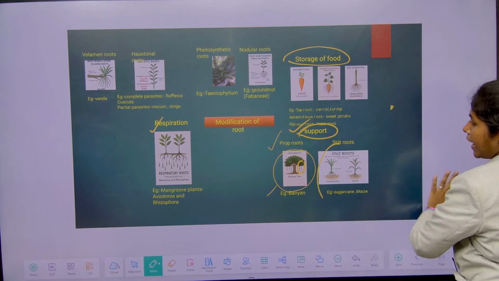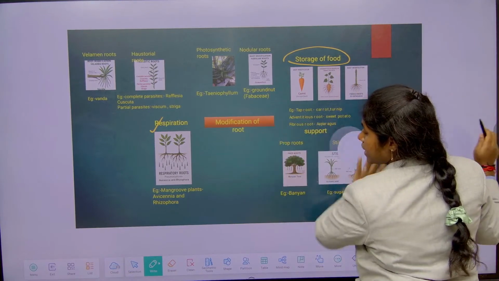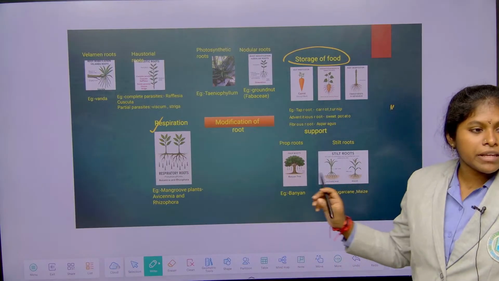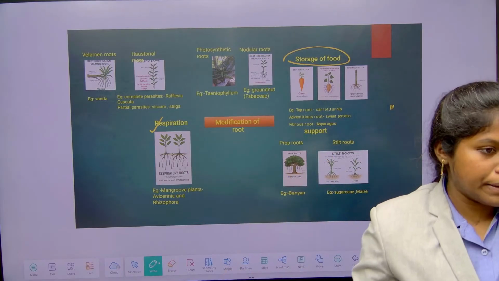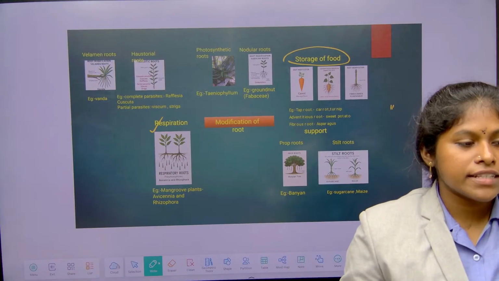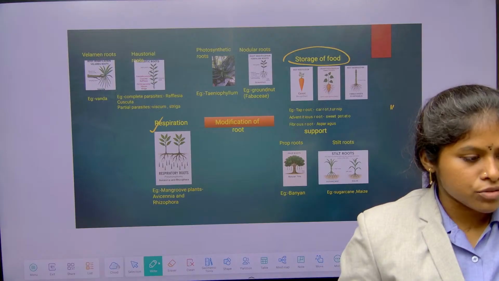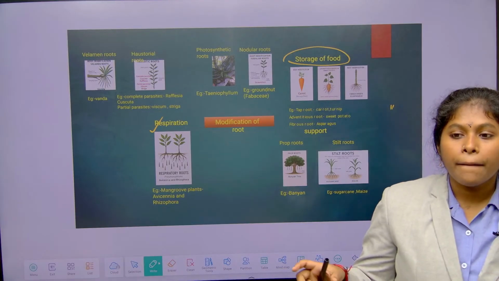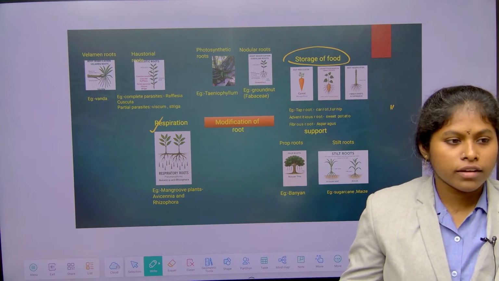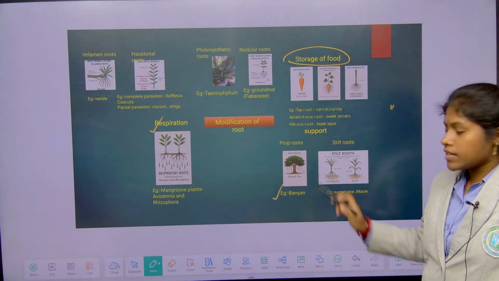Stilt roots. And the banyan roots, which arise from the branches: tell me, are they adventitious roots, fibrous roots, or taproot system? Adventitious roots, because the roots are arising from plant organs. So the example is banyan.